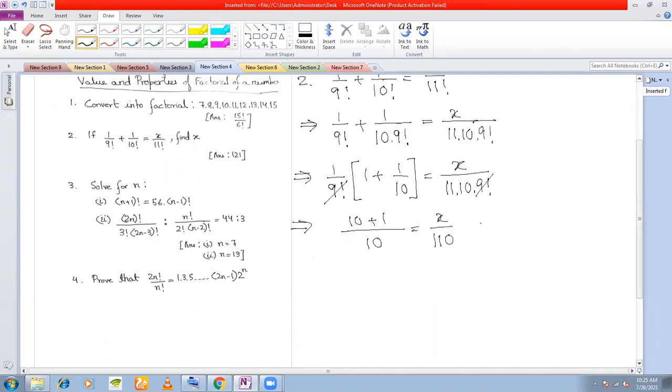Now this is a simple equation which you can solve. 11 by 10 is equal to x by 110. So that means, cross multiply, 11 into 110 is equal to 10x.